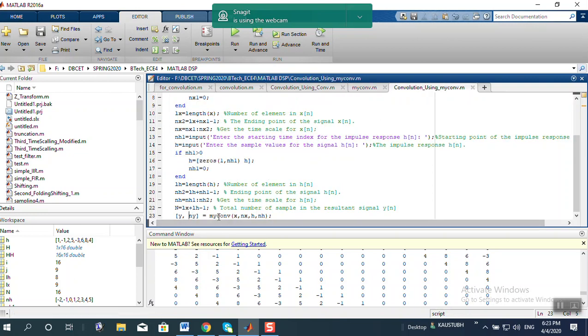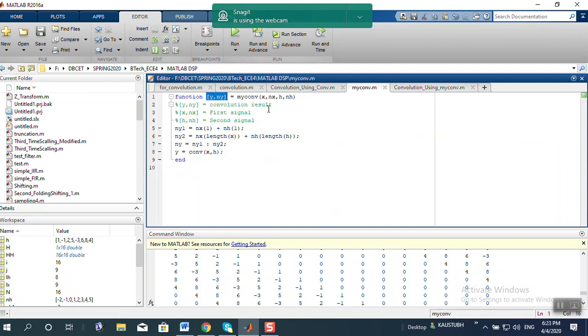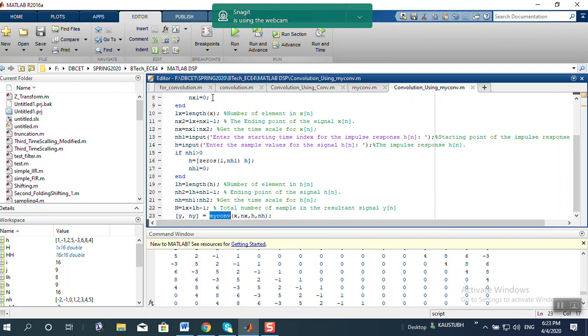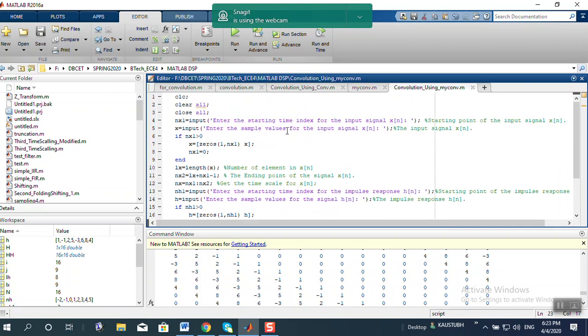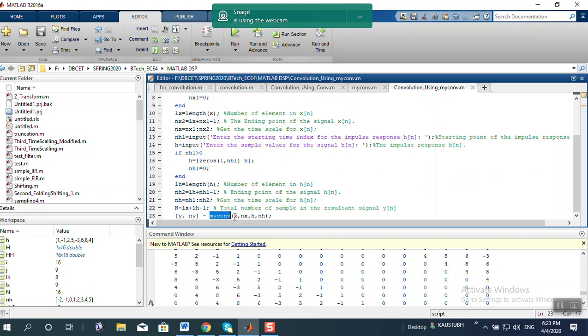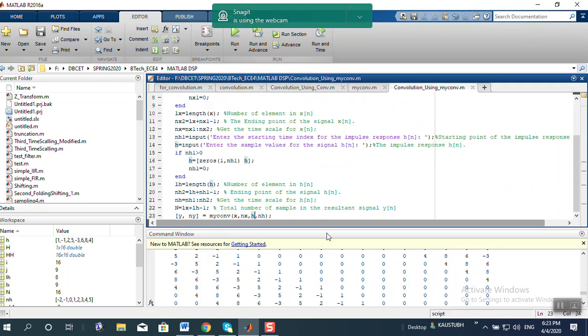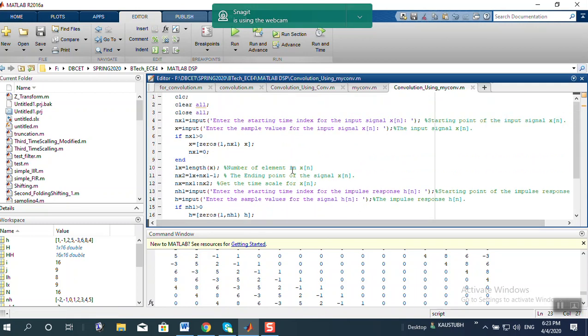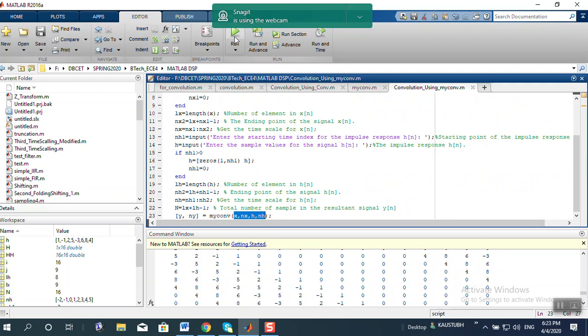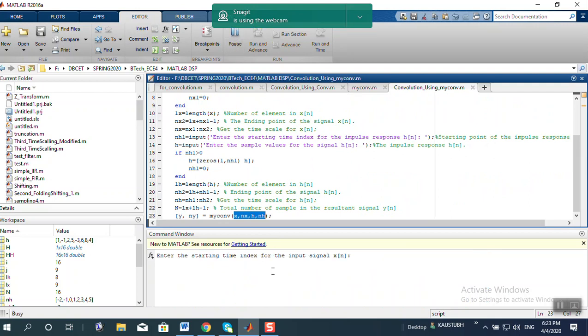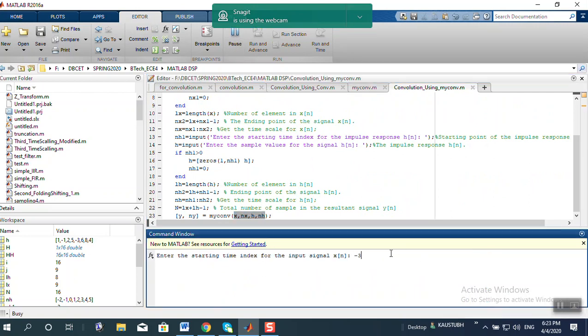This program and the function must be within the same folder. So x and x, h and h, all the arguments that you have allowed should be passed here, and you'll get the same results. Now let us see. I'm using the same example again.